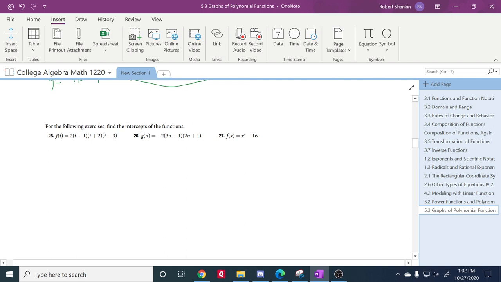So we're going to take 25, find the intercepts.